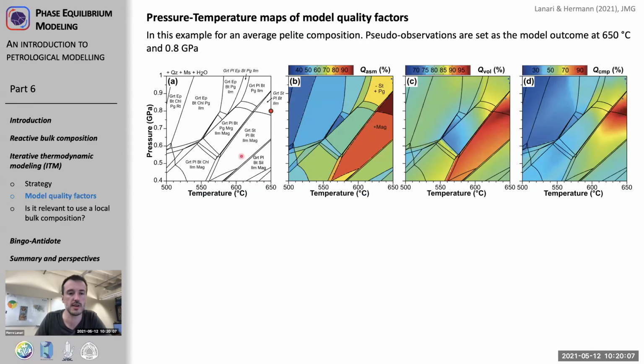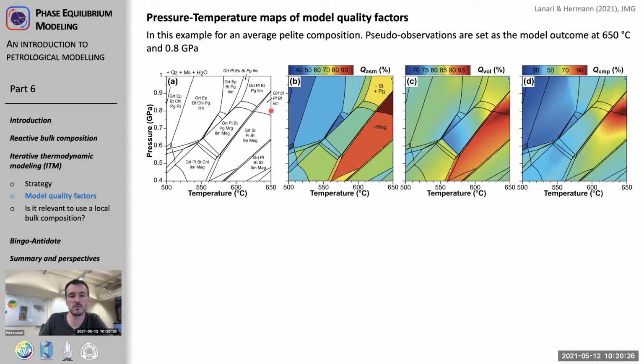How does that look in a PT example? What I did in this example is I took an average pelite composition and calculated the pressure-temperature phase diagram using this fixed bulk composition. This is the result as it comes out of Theriak-Domino.